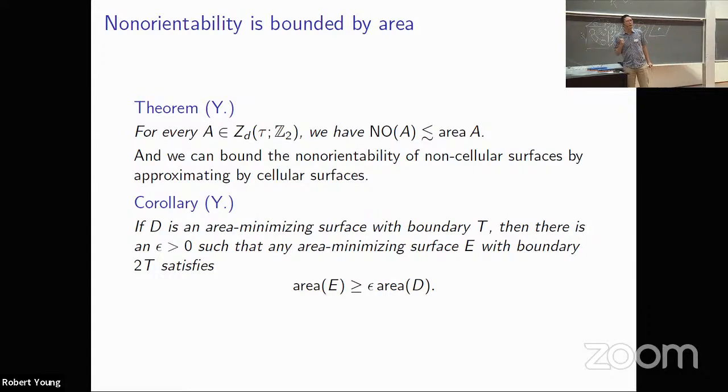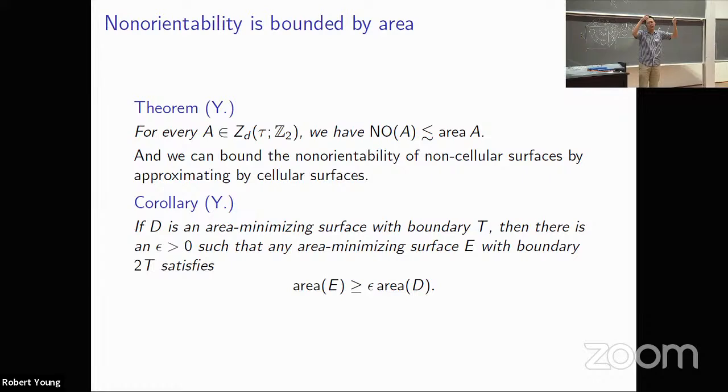And this seems a little weird because you would normally expect that if you have a minimal surface with boundary T, and then you double the boundary, then the area should double. But there are some examples, due to L.C. Young, due to Brian White, due to Frank Morgan, where you have a minimal surface with a given boundary, you double that boundary and the surface changes.